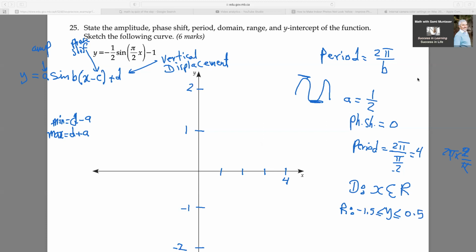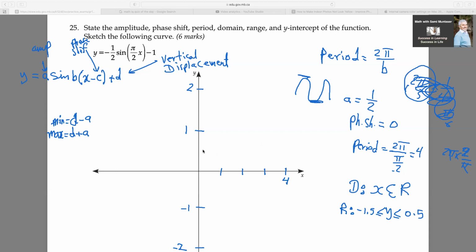But if, like, say the period was 2 pi over 3, then you don't know what every point is. So you have to multiply this by a quarter to find out what your scale factor is. You know, it'll be pi over 6, and you know you have to make every pi into 6 segments and all of that. But in this question, we don't have to do that because you're dealing with whole numbers. It's easy to see the whole numbers.